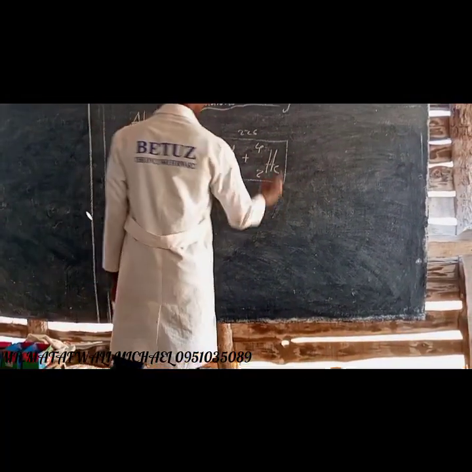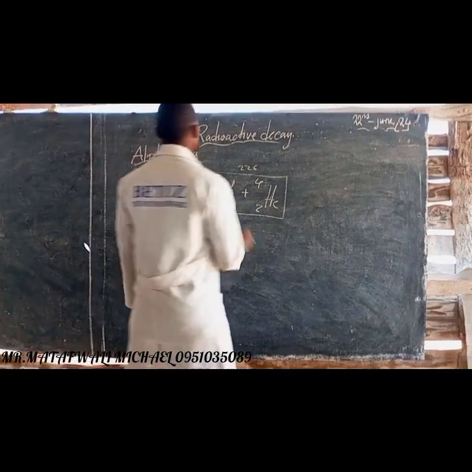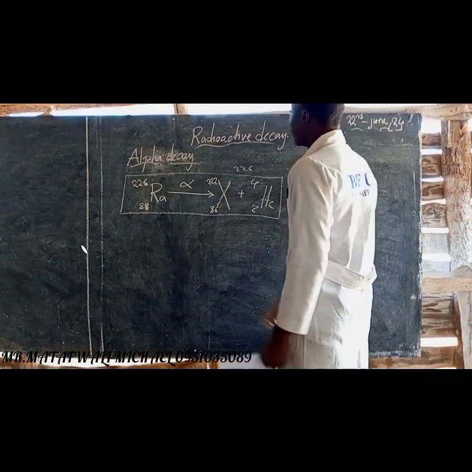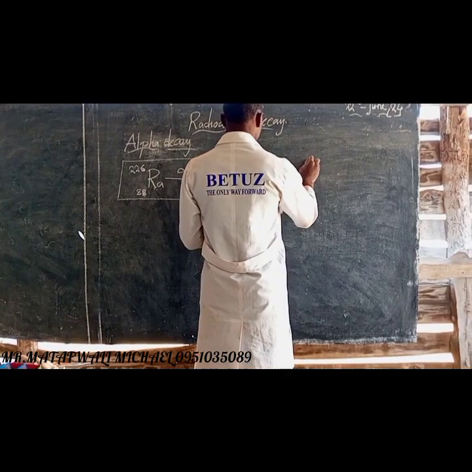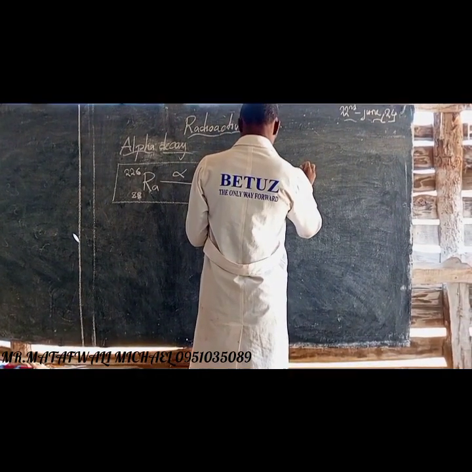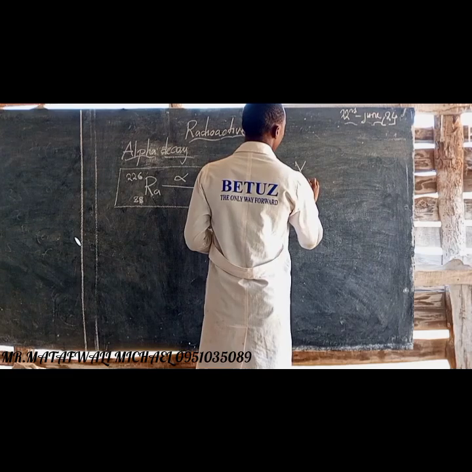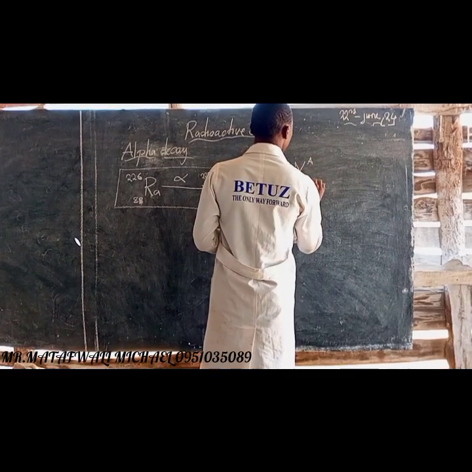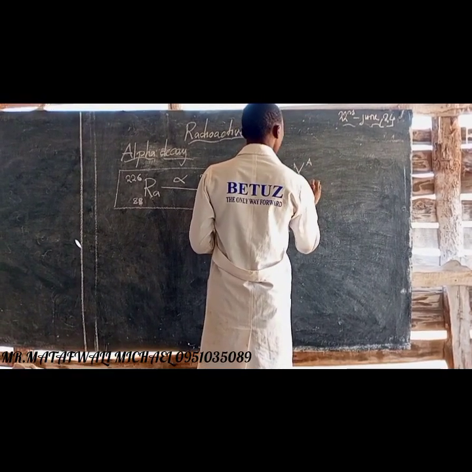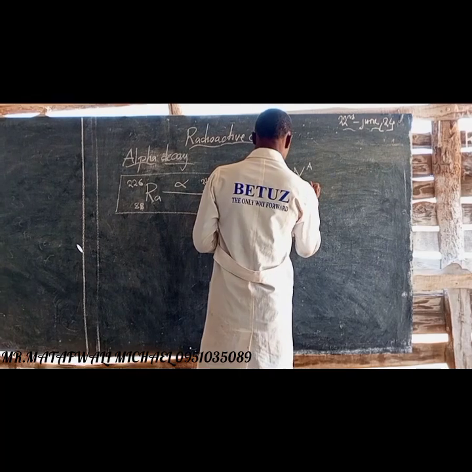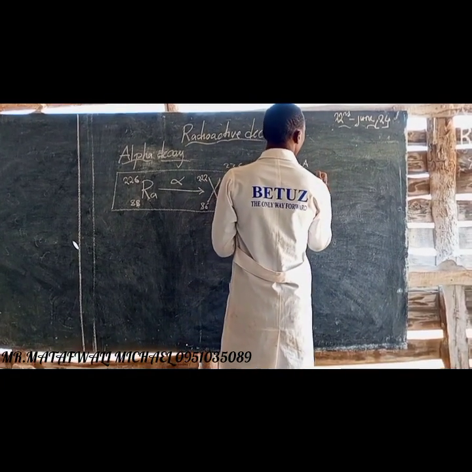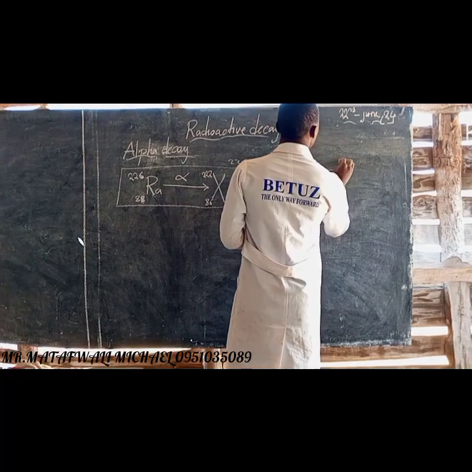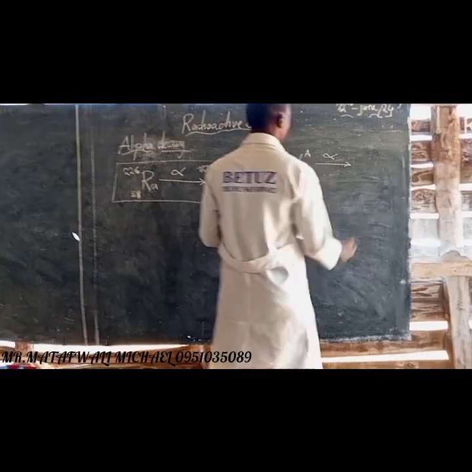So this equation is balanced, and this is how the general equation for an alpha decay looks like. Here we have x, A representing the mass number, then Z representing the proton number, and the symbol for alpha.